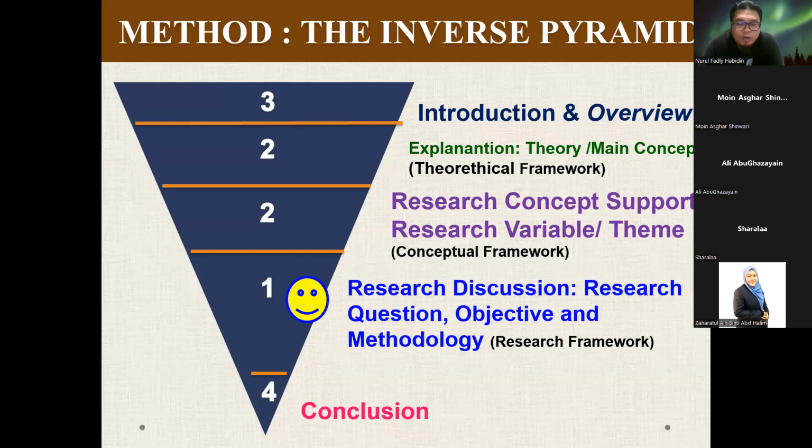The second one, when you write your literature review, we call the theoretical or knowledge section. To explain and discuss the knowledge, you can start with the theory, which is the main concept. You can use theory, principle, or models, because theory, principle, fundamental and model are the main concept.